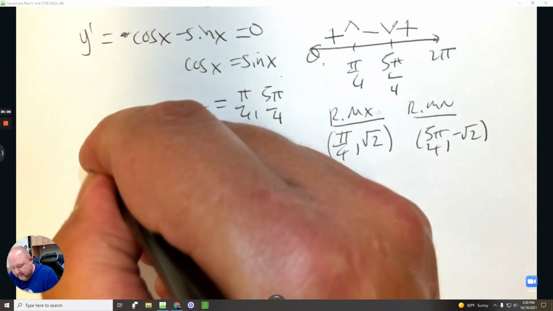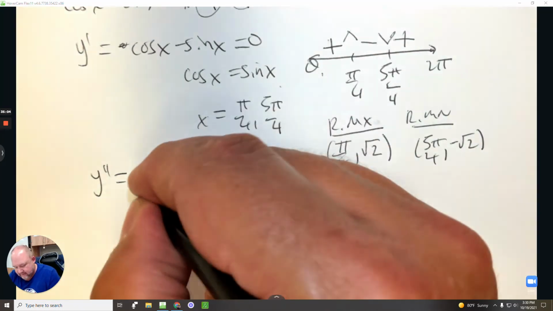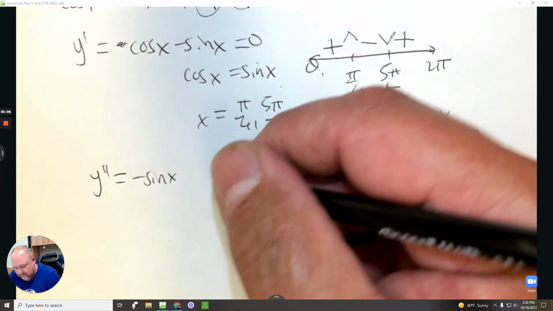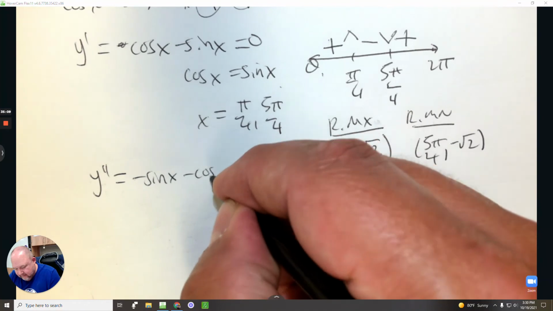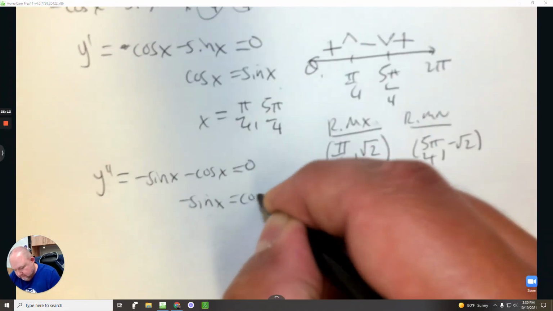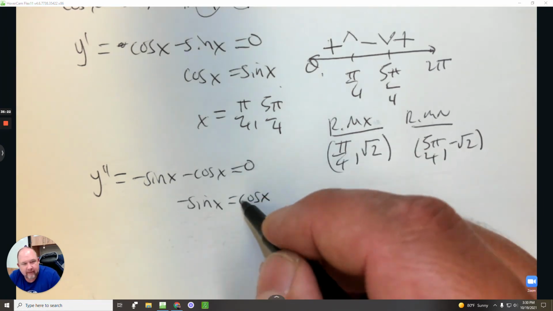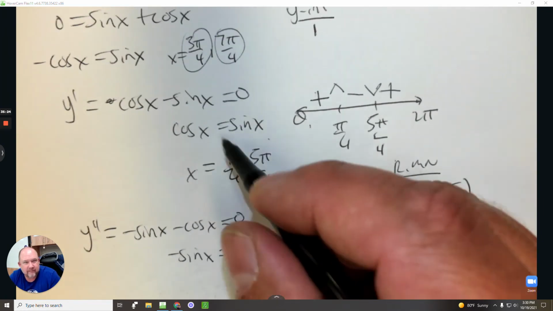Next, we have to find the concavity. You're going to want a break, I think, after this question. That's negative sine x minus cosine x. So this takes us back to the intercepts.